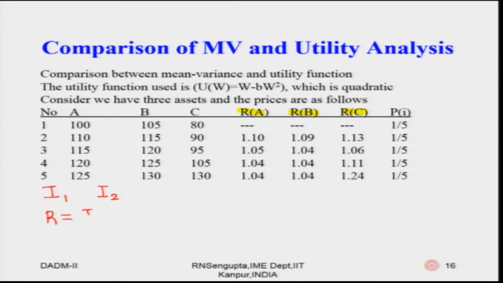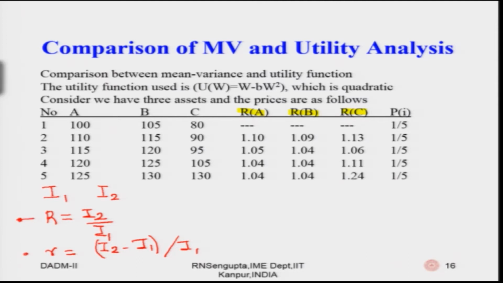Return capital R is I2 by I1, and small return would be I2 minus I1 divided by I1.